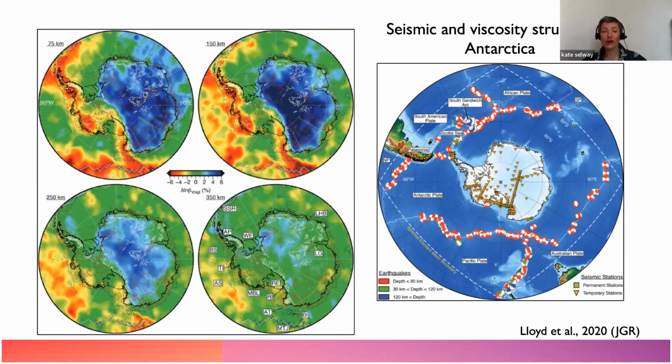On a base level, we would expect, therefore, that East Antarctica, if it's really colder down deep in the Earth, is likely to be stronger and more viscous. West Antarctica is likely to be hotter and less viscous.